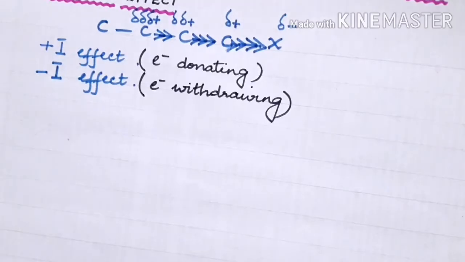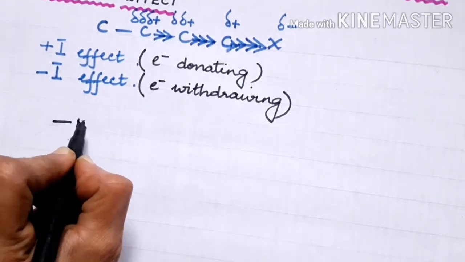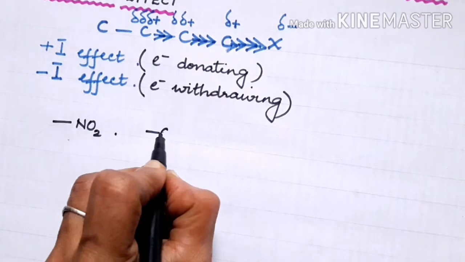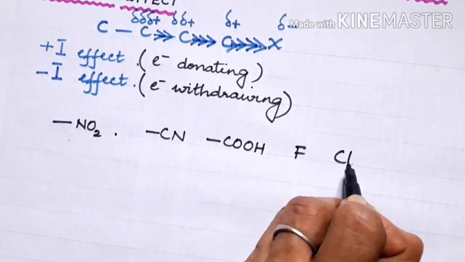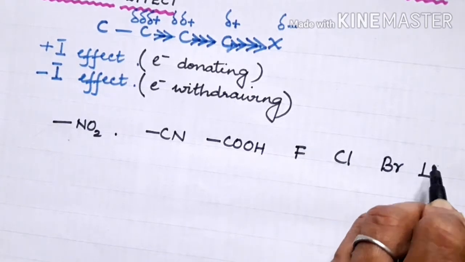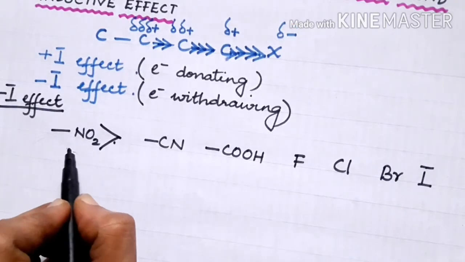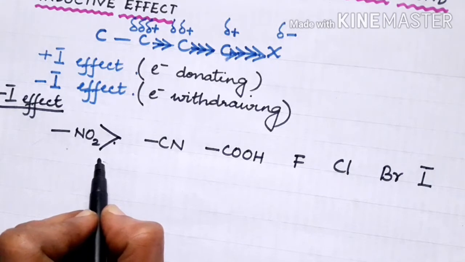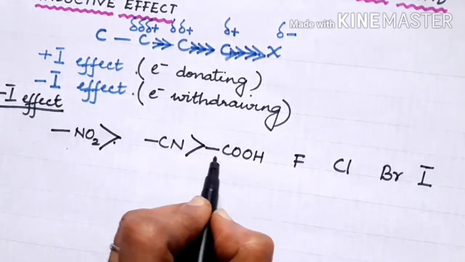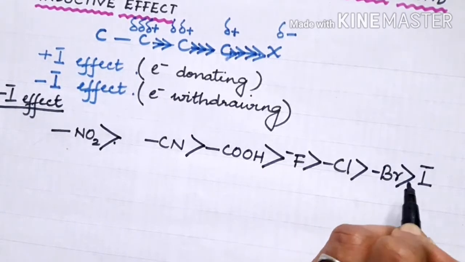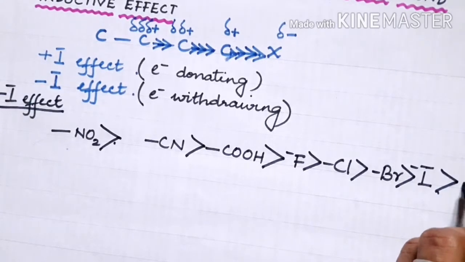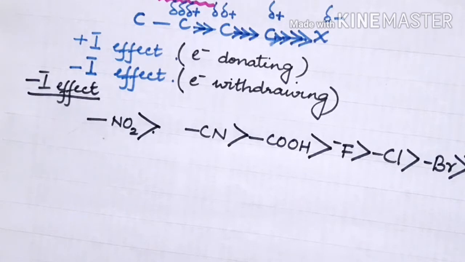You find that groups like NO2, CN, then COOH, fluoride, chloride, bromide, iodide, or hydrogen: the nitro group has the maximum electron withdrawing effect compared to cyanide or carboxylic acid or halogens or hydrogen.